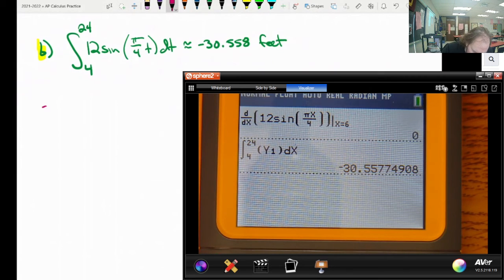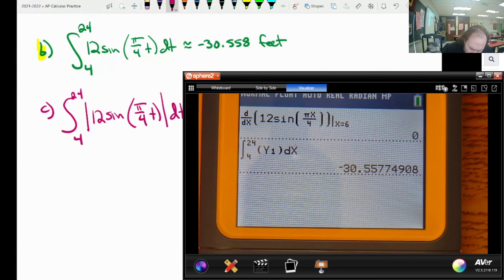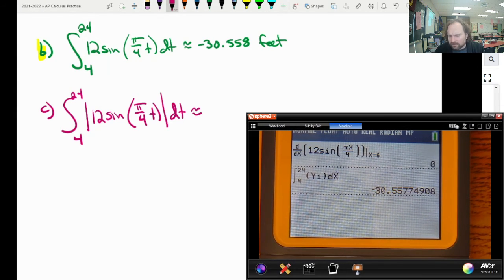So we're going to do the exact same integral, but the difference is we're going to put that entire inside of an absolute value. We're going to force this to be positive, even if it's not positive, because we don't really care about where it's negative. We care about what distance was traveled, whether it was moving to the left or to the right. Doesn't really matter.